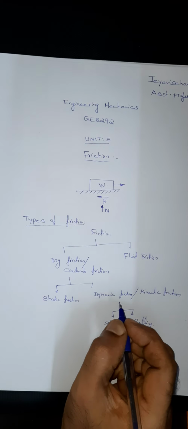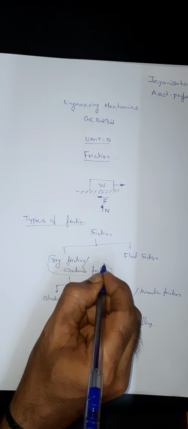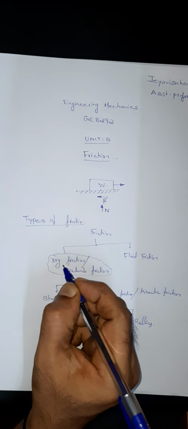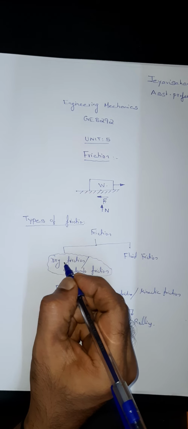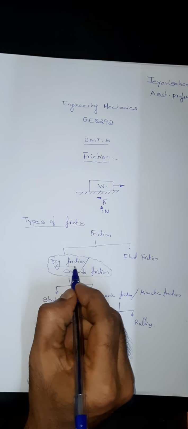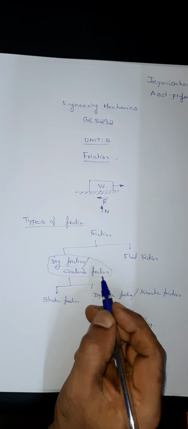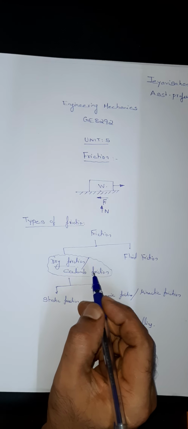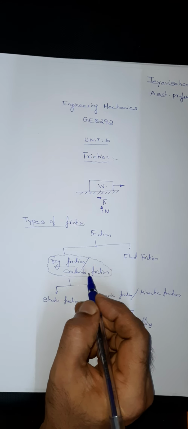So in our syllabus we are going to cover the dynamic friction only in detail. Let me brief you about the dry friction. Dry friction is developed between two dry surfaces, in other words, unlubricated surfaces of bodies in contact.